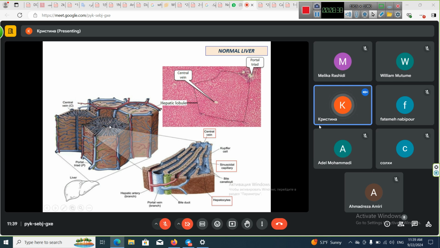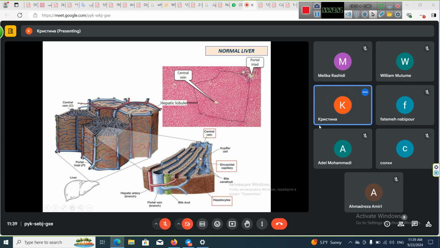You see that the lobule is composed of the cells, which are called hepatocytes. They are arranged in these trabeculae, and between the trabeculae there are sinusoidal capillaries. You know sinusoidal capillaries from histology right now, so this term you also should know.